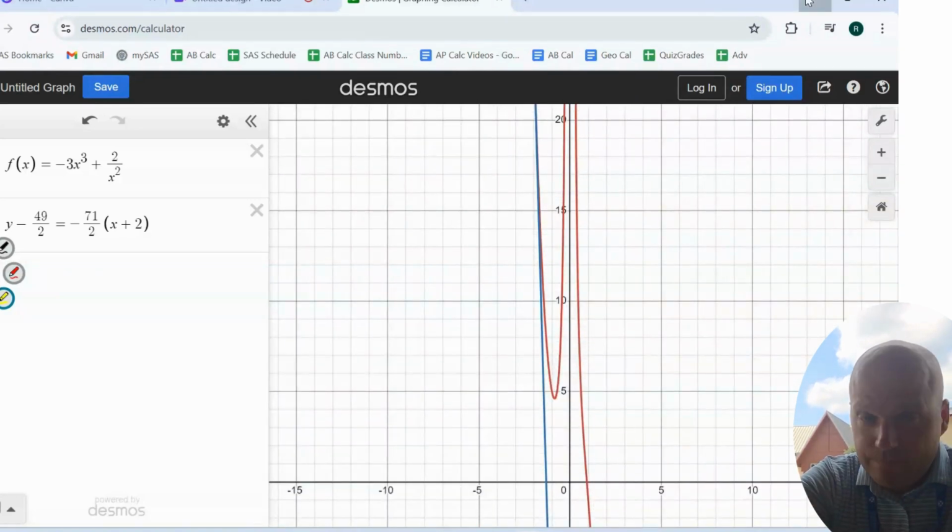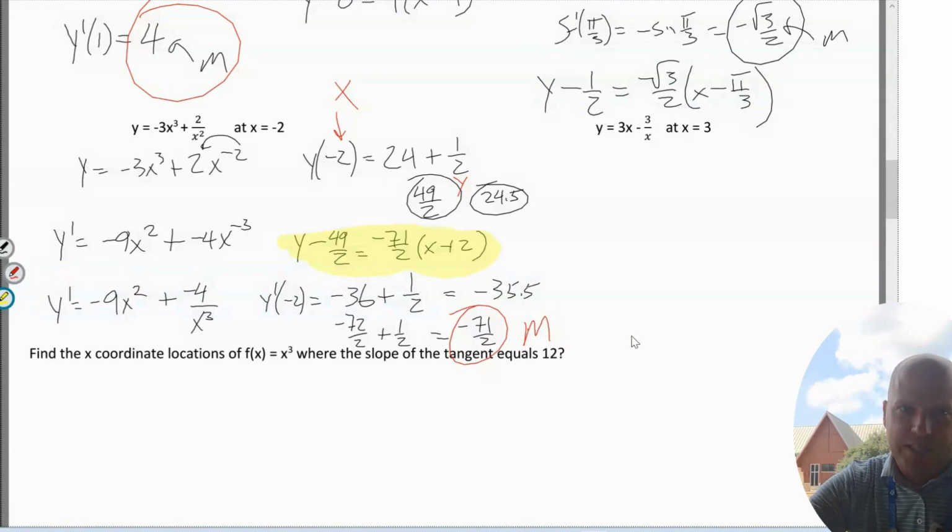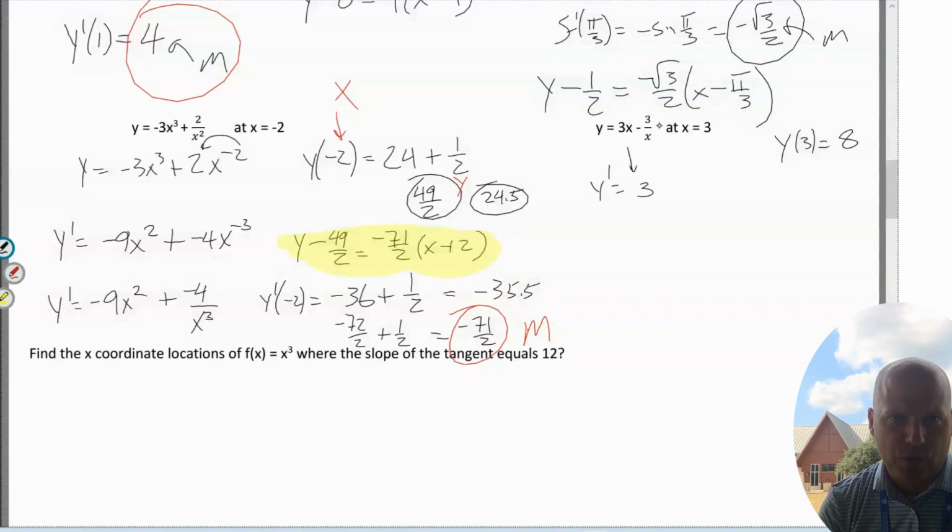Decreasing very quickly. It's decreasing by 35 and a half y's per x at that location. Plugging in 3. 9 minus 1 is 8. Finding the slopes. The slopes of 3x are 3. I'm going to change this to 3x to the negative first to find its slopes.